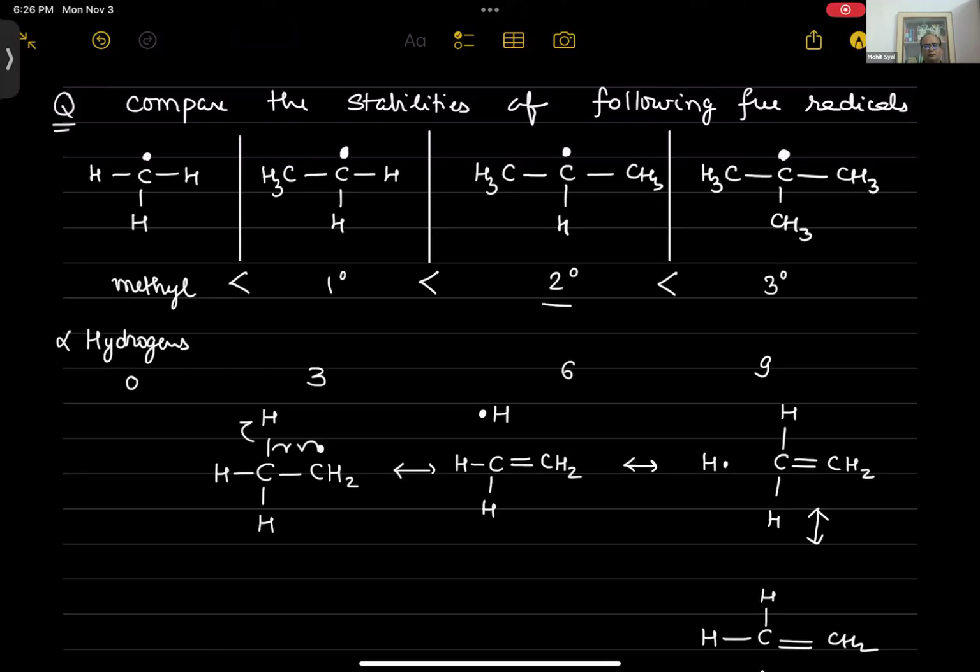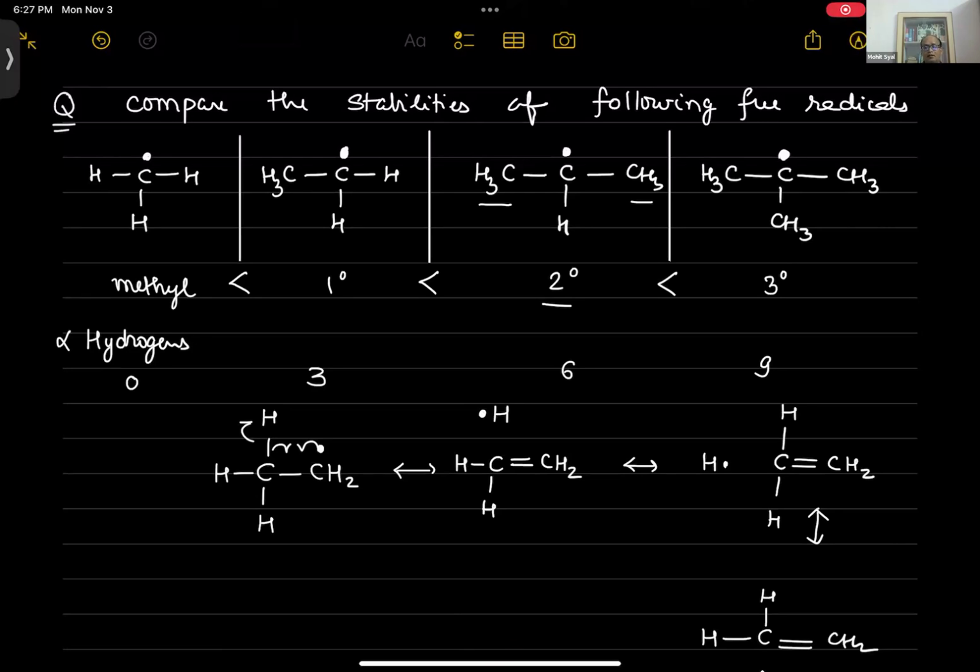How many CH bonds are involved in the next one? In the second one, you're asking? Yeah, in the secondary radical, not cation. How many CH bonds are involved in hyperconjugation? Two. There are 2 carbon atoms, but how many hydrogens do they carry?